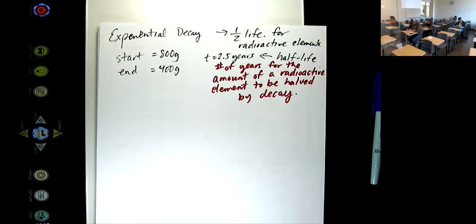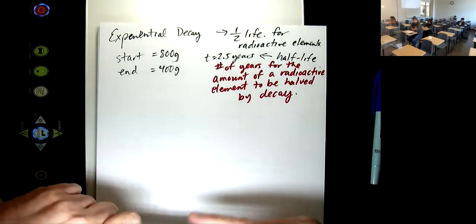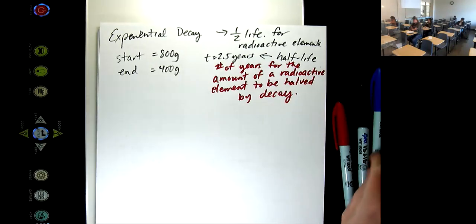Radioactive elements, they're not stable. They have either, I don't remember, extra electrons or not enough electrons. So eventually things change. They either pick up electrons or they shed their extra electrons and they revert to a stable non-radioactive version of it. But it takes time. And so let's say we had 800, we got down to 400 in 2.5 years.